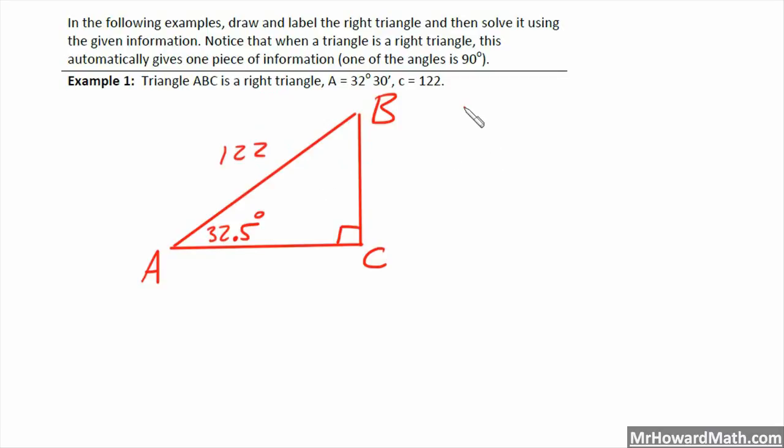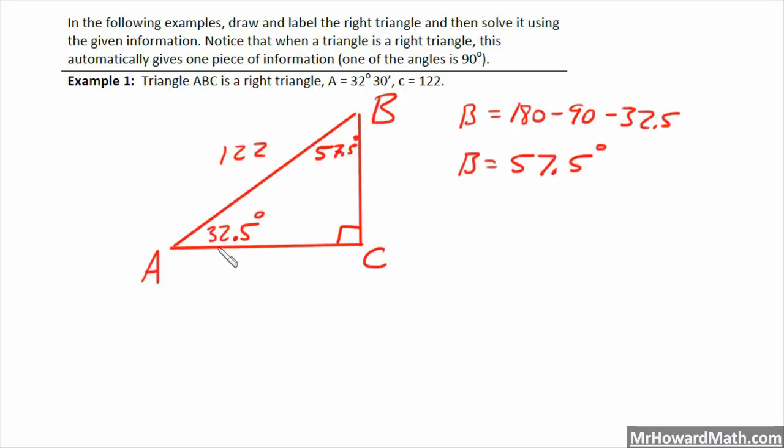So angle B is just going to be equal to 180 minus 90 minus 32.5. When you do that work, you're going to get 57.5 degrees. So we now have all 3 angles.